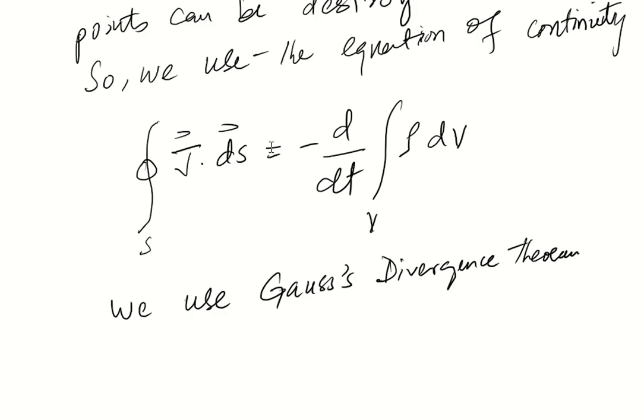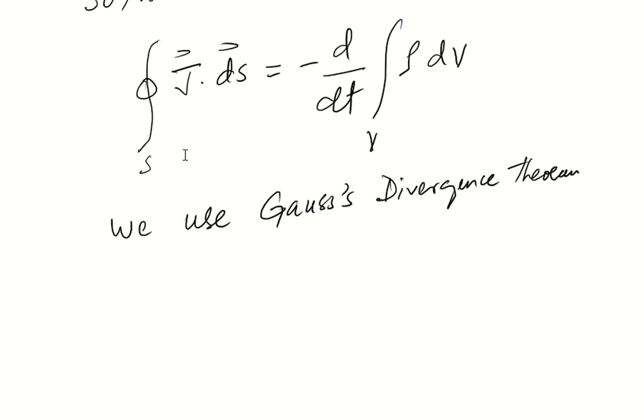So the differential form of exactly this equation is del dot rho v equals minus partial rho over partial t.